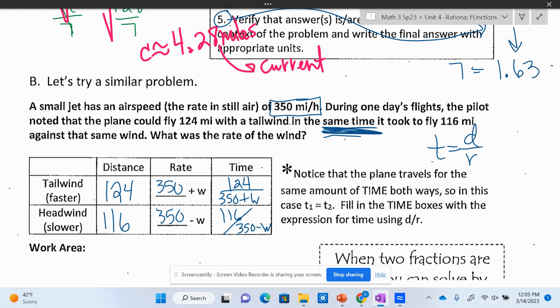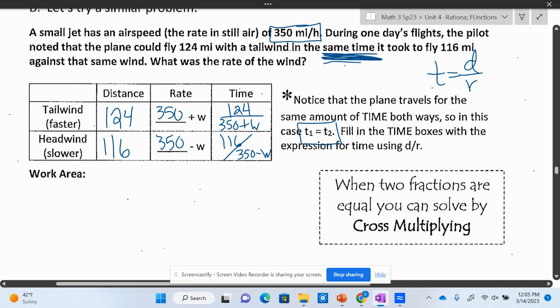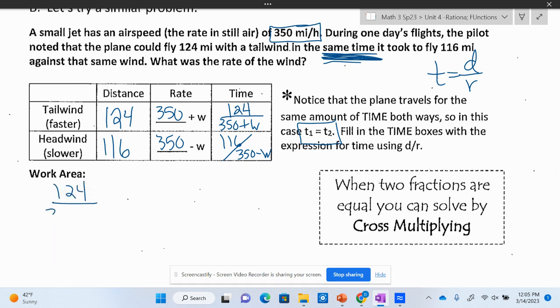We're going to set them what to each other? Yeah, T1 equals T2. So we're going to set these equal to each other and solve. So I have 124 over 350 plus W is equal to 116 over 350 minus W.